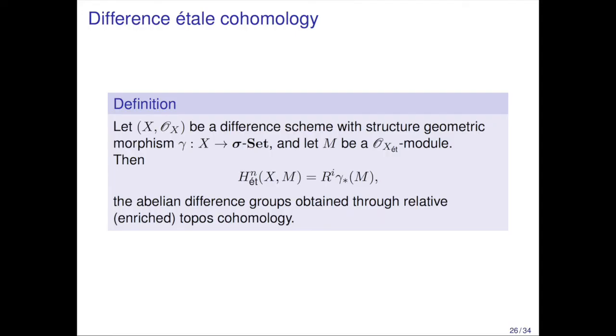All right, in a similar way, you can now talk about difference étale cohomology, which again I've been thinking about how to define for a very long time. The reason why I didn't publicize it is it always felt a little bit ad hoc and guesswork. Whereas now it feels very comfortable because it's an instance of a topos cohomology theory, which makes you feel in a known framework and slightly safer.